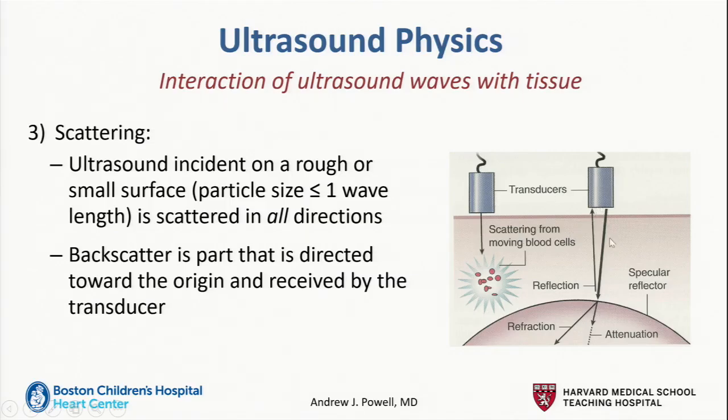Rather than the sound waves rebounding in a predictable, intuitive way, the sound waves are scattered in every different direction. Now, some of these sound waves will make their way back toward the transducer, and that part of the scattering is called backscatter, and that will also be received by the transducer. So you have the reflection coming back, as well as that portion of the scattering going back, the backscatter.